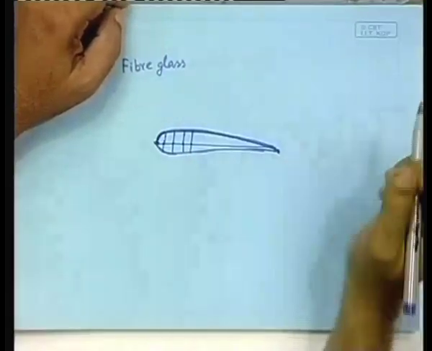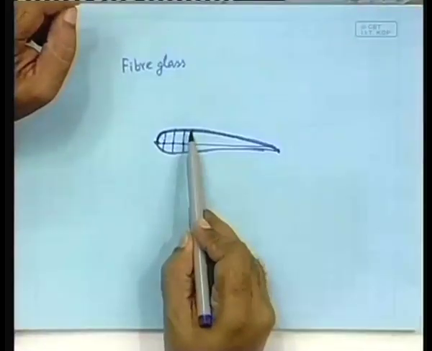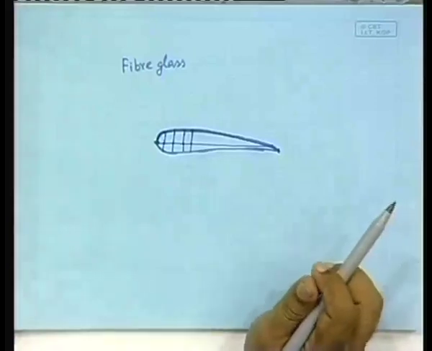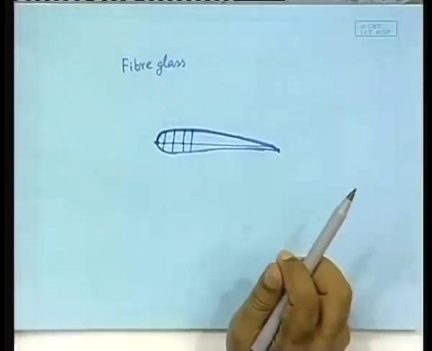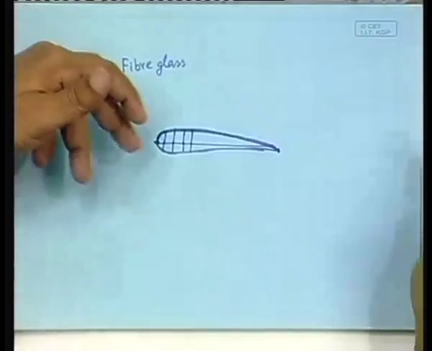So, in the data sheets that you will find on the net, you will find these coordinates given, from which you can also construct this kind of blades. Again, as I told you, in the data sheets you will find the CL, CD, etc. calculated or measured for different values of Reynolds numbers, and out of that you have to choose the one that has the least Reynolds number, because that is what is more pertinent to wind turbines. Clear?